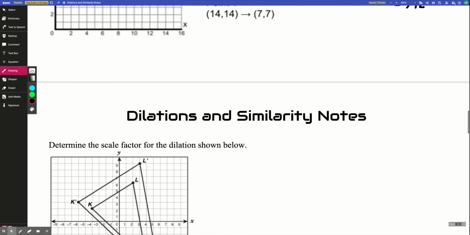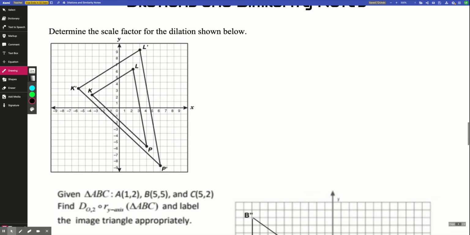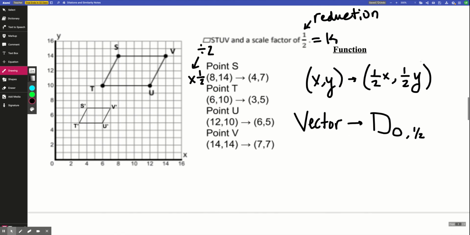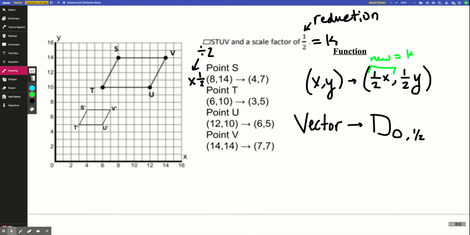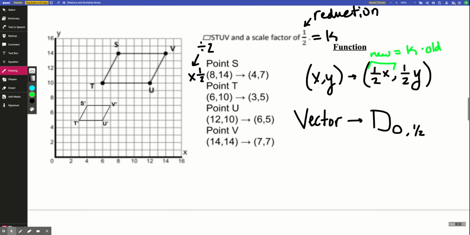Okay? All right. So this is a slightly different type of problem because what it's asking me to do is determine the scale factor. Remember, in general, with the function notation, what you're saying is the new coordinate point equals the scale factor times the old one, or the original.